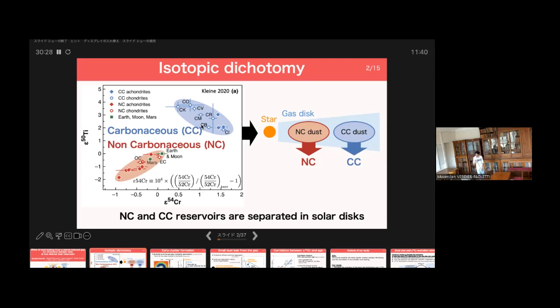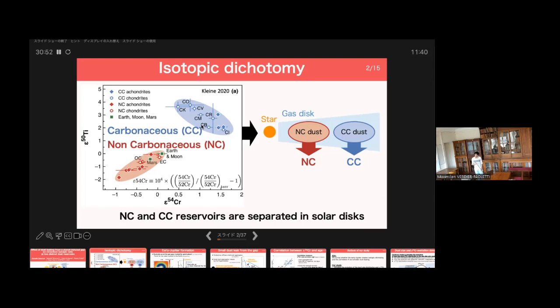So you start with the old base. You do not consider it. Yes. So I was wondering, during the early stage of the disk, presumably we believe the CAIs form first, and the CAIs are very rich in chromium 54 on average.